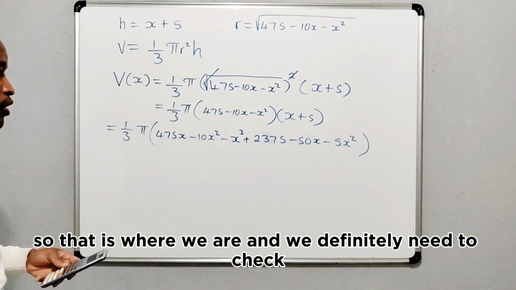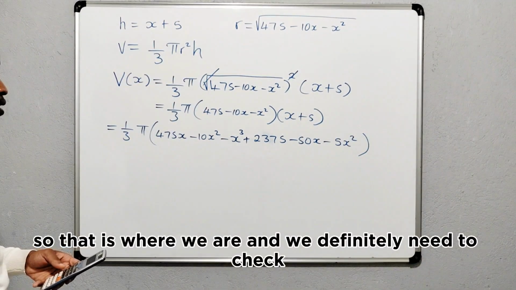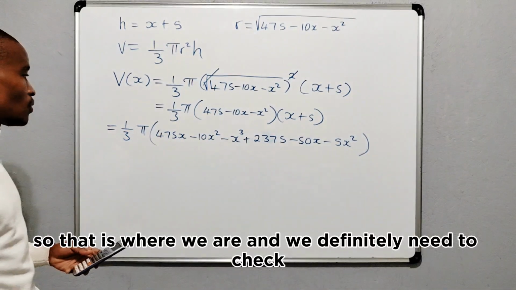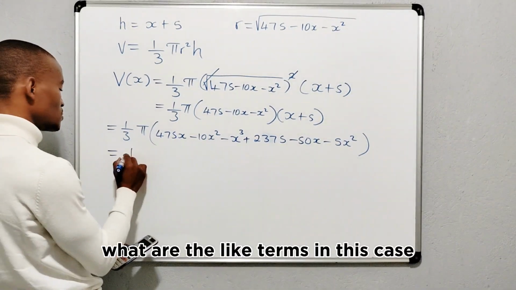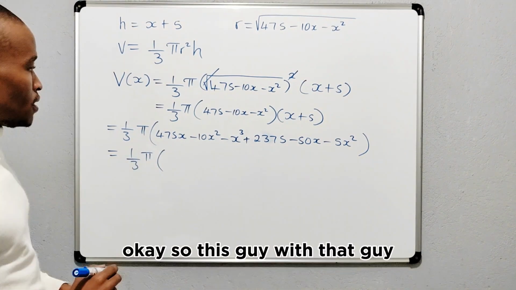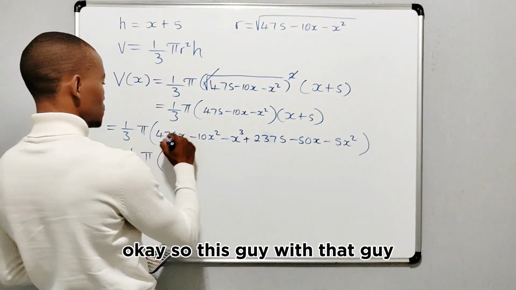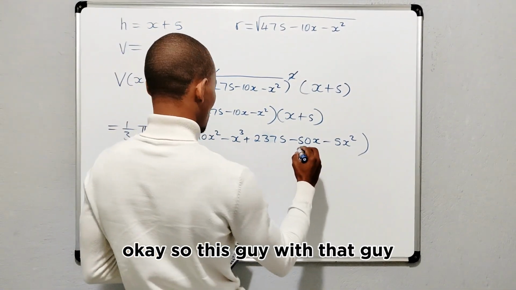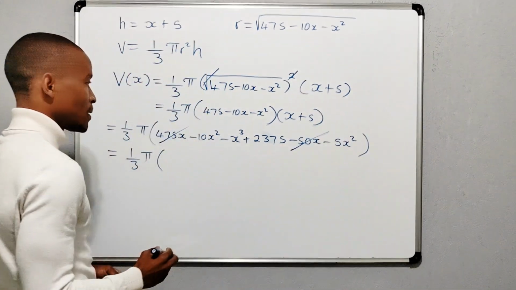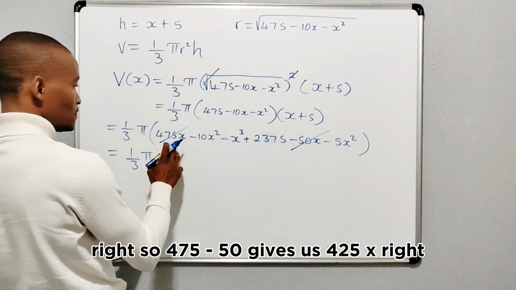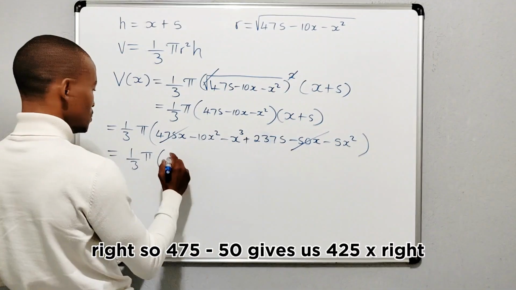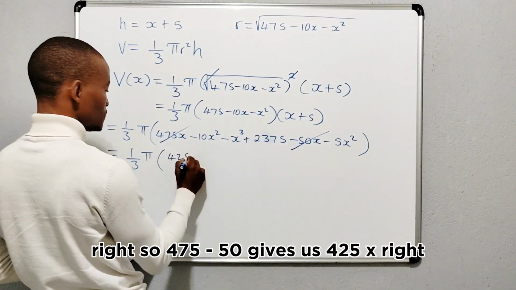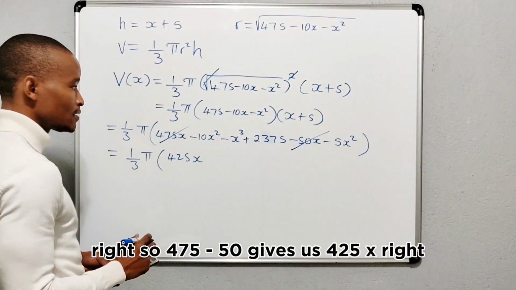Right, so that is where we are, and we definitely need to check what are the like terms in this case. 1 over 3 pi. Okay, so this guy with that guy, right? So 475 minus 50 gives us 425x, right?